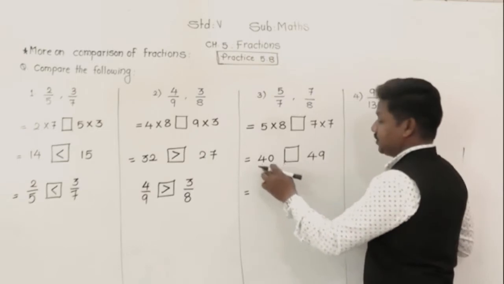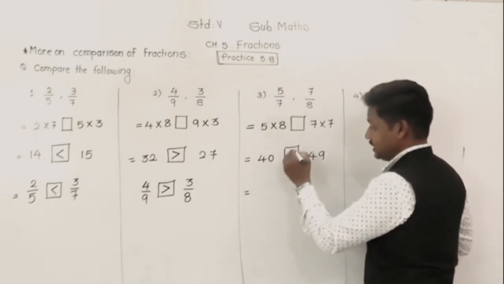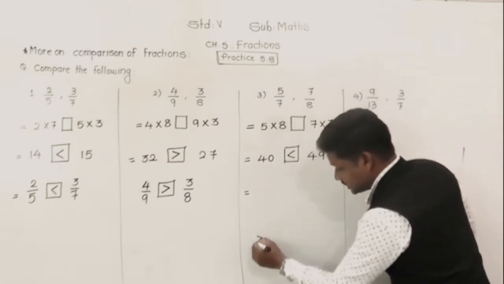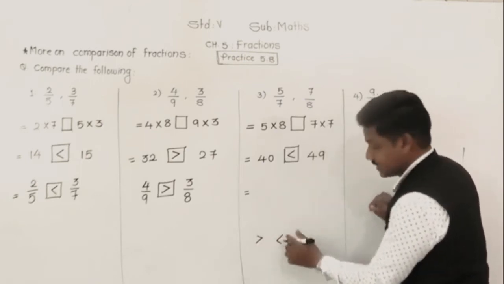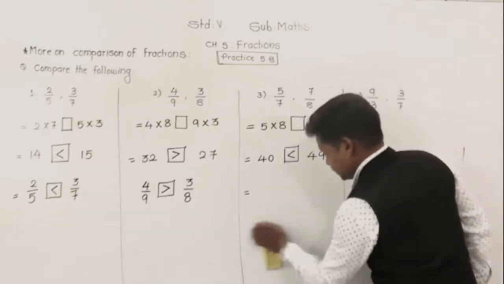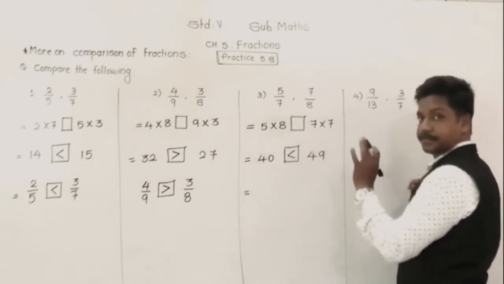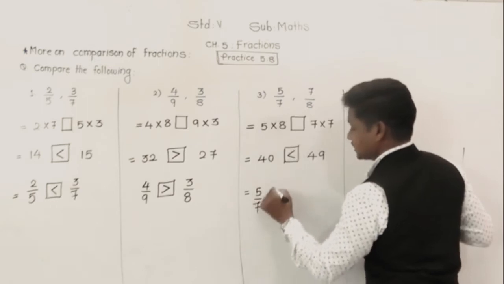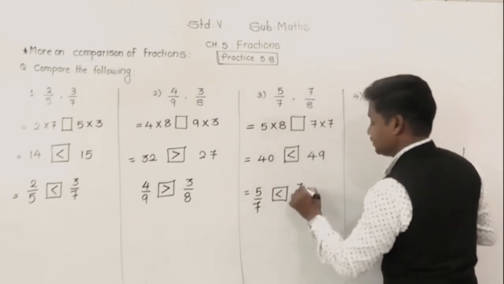Now between 40 and 49, which is greater? 49. That means 40 is less than 49. Do you know this sign is called greater than, this sign is called less than, and this sign is called is equal to. So 40 is less than 49, that means the fraction on this side, 5 upon 7, is less than 7 upon 8.